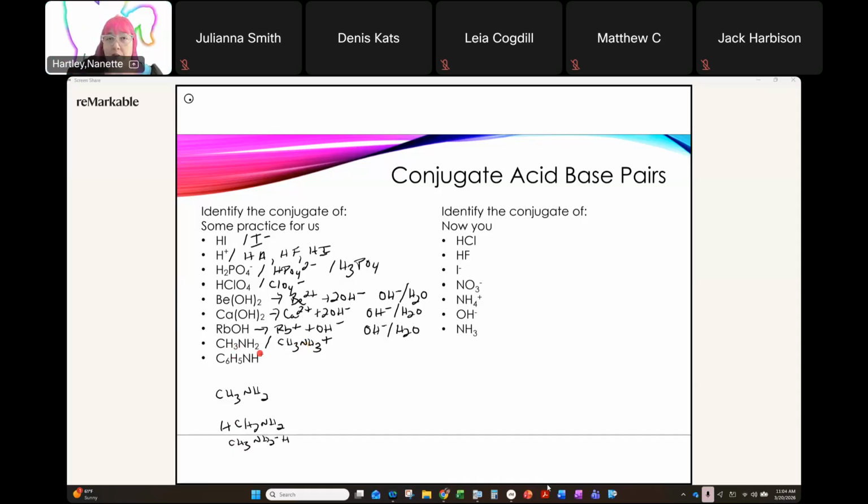When I look at this one, it already has a charge. So I know that it's already picked up a proton. And so if I take that proton off, that's a C6H5N. And in this case, this is my acid here, and this is my base here.